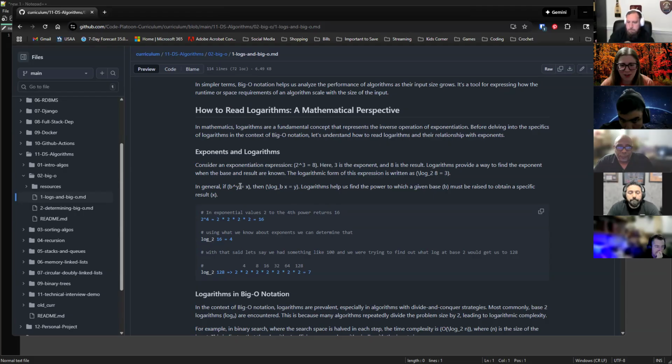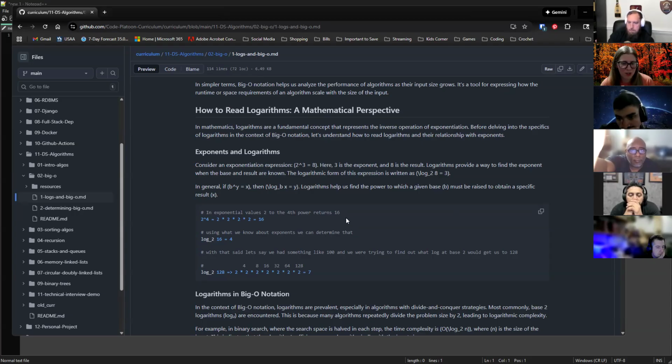So y now is the exponent value we're trying to solve for, so that's why it's at the end now. x is the answer that we have from that, which is right here in the equation, and the log base b is just what our given base is.